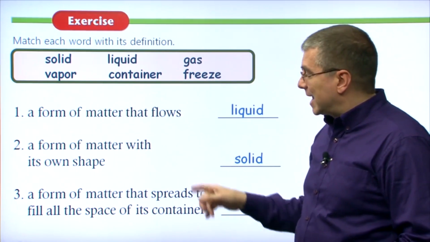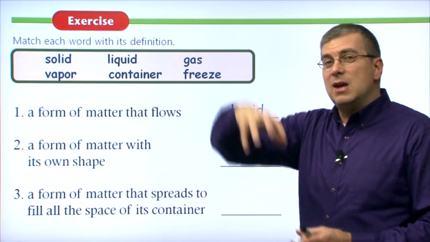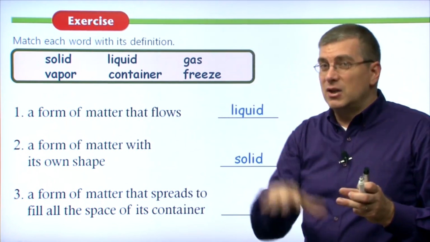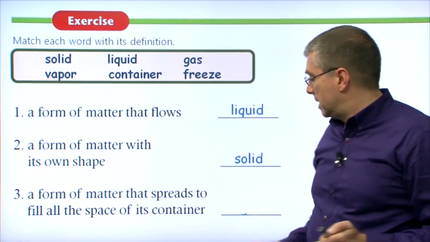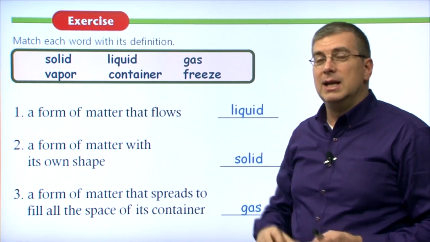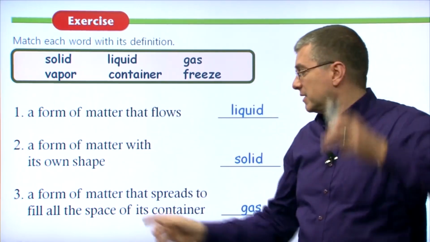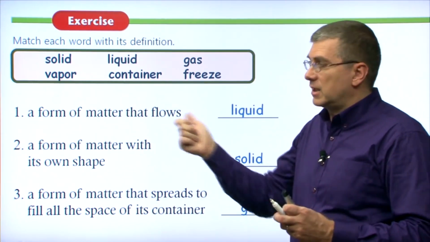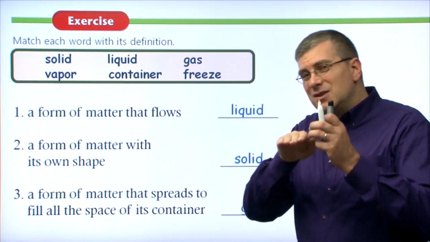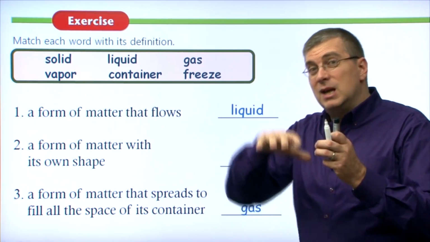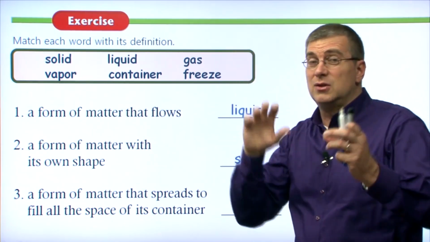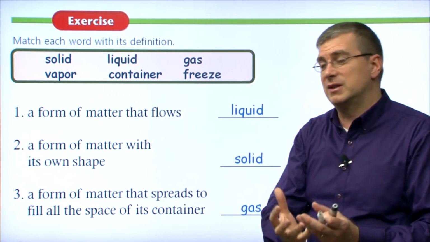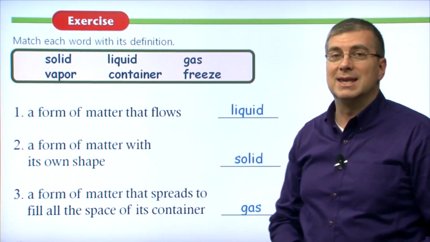But if you put a gas into a container, it will fill all the space, not just the bottom, but also the top. So this answer is gas. If you put that gas, as we saw, into the balloon, it doesn't just fill the bottom of the balloon, it fills the top and the sides too. It fills all the space of the container. That would be the gas.